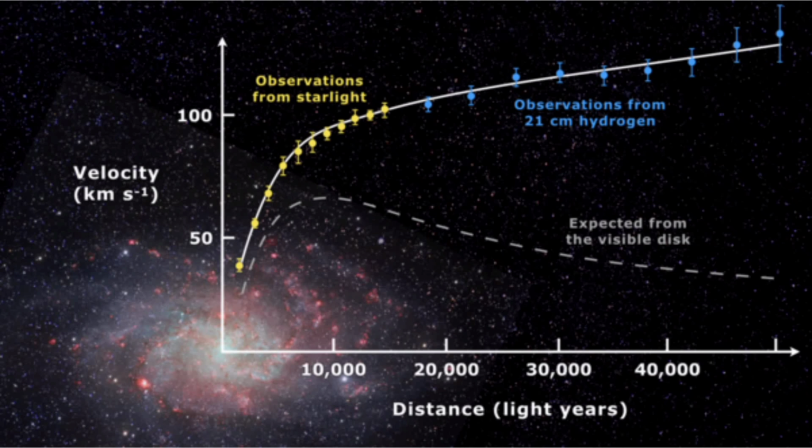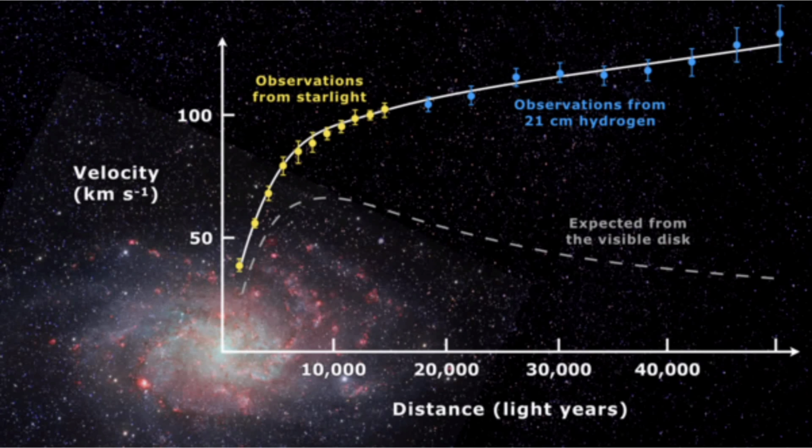But when we observe the galaxy, we find most of the stars and gases in the region of 10,000 light years from the center. We don't find that extra matter.